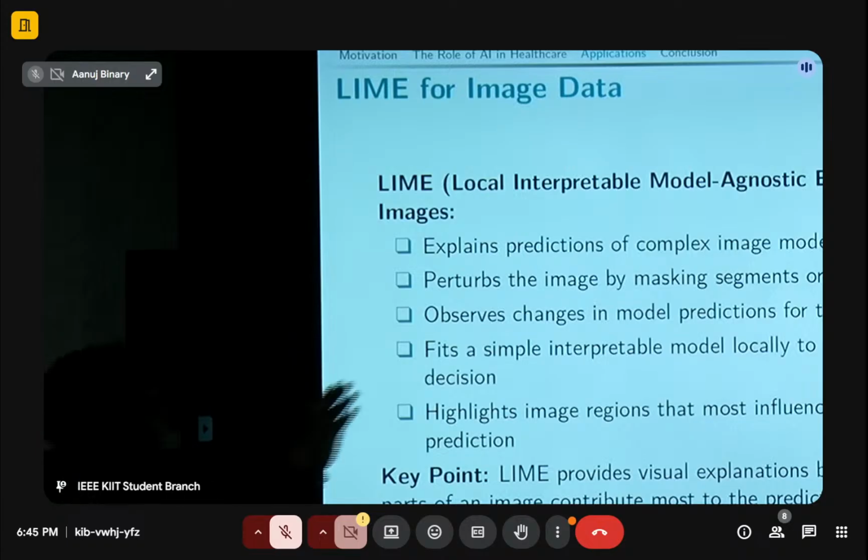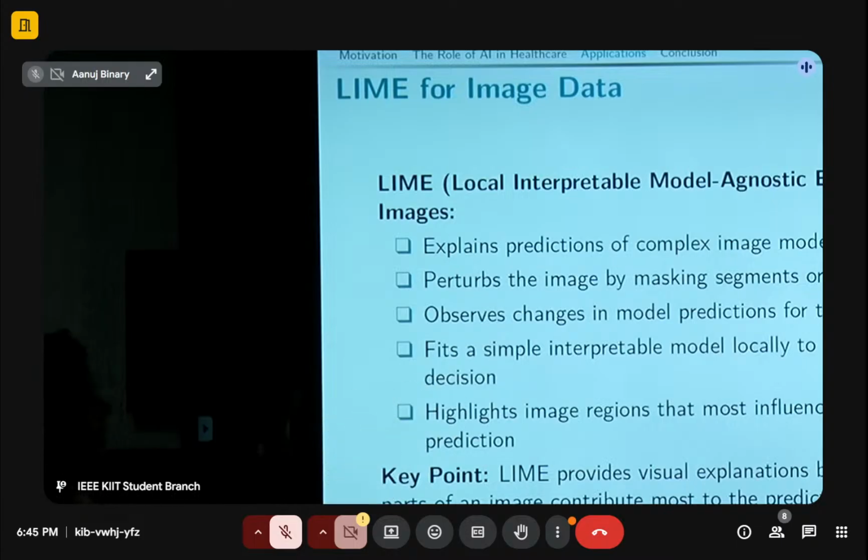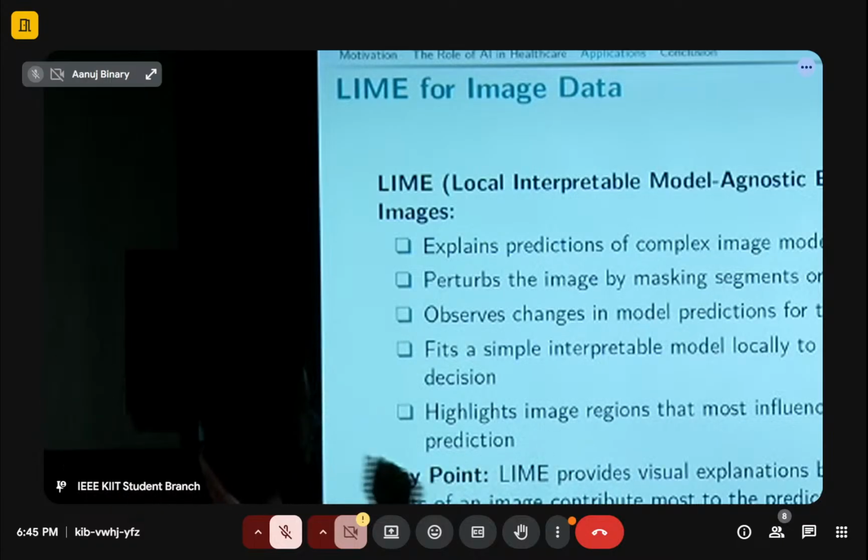We observe the changes in model prediction for these perturbations and fit a simple interpretable model locally to approximate the decision. In this way we get a local model and highlight the image regions that most influence the model's prediction. By this hit and trial method, we highlight the image regions, and LIME provides a visual explanation by showing which parts of an image contribute most.